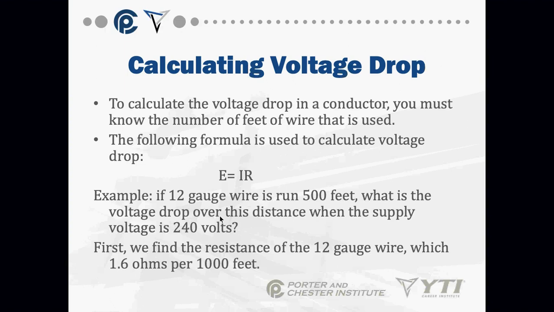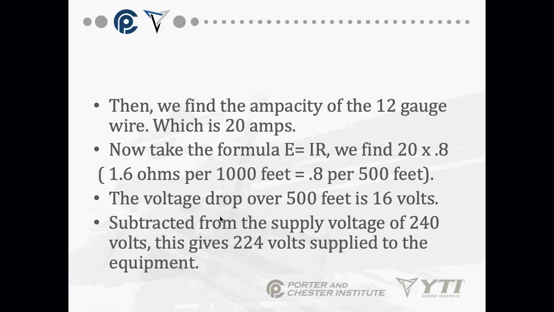If it's 1.6 ohms per 1,000 feet, how much is it per 500 feet? 0.8. You're going to find out when I show you the tables, the resistance is always per 1,000 feet, so you have to scale by the closest divisor of 1,000.